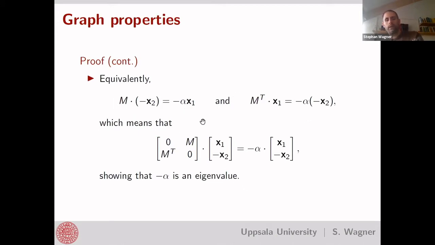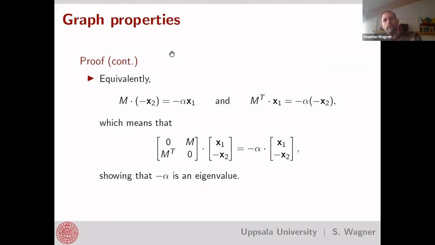Very basic manipulation, and then we can get back to an equation for the original matrix, the vector where I'm keeping some of the entries and making all the others negative. That's also then an eigenvector, and it's an eigenvector for the eigenvalue minus alpha. So this shows that minus alpha is an eigenvalue, and because the eigenvectors directly correspond to each other, the multiplicities are also the same.